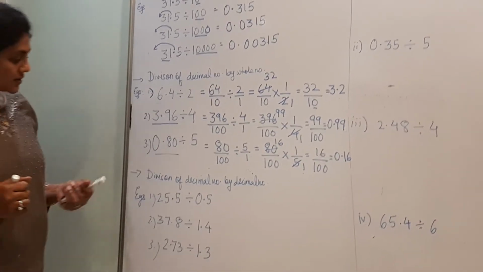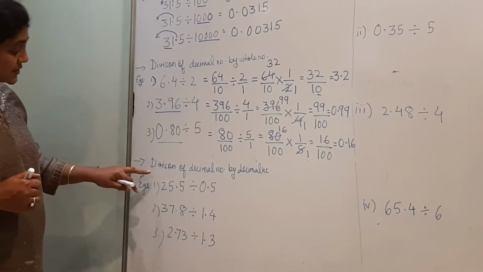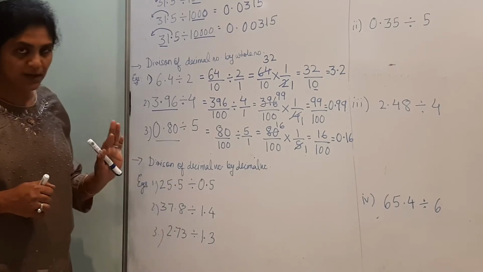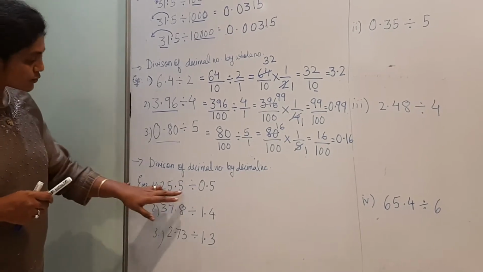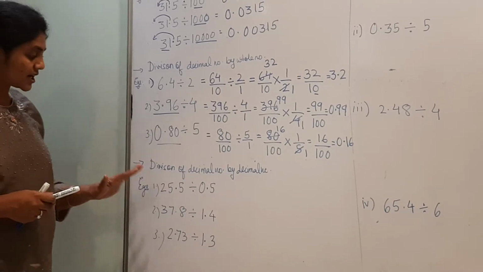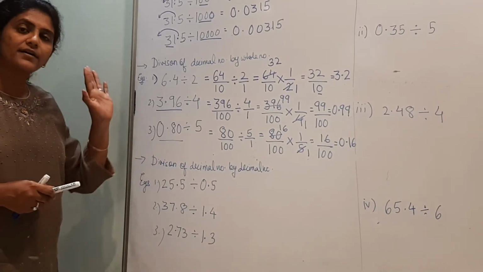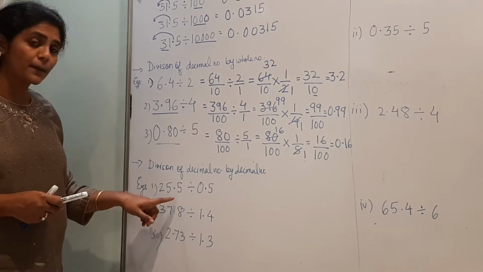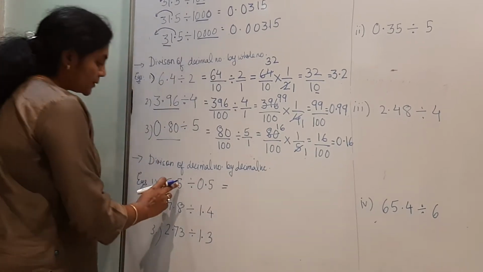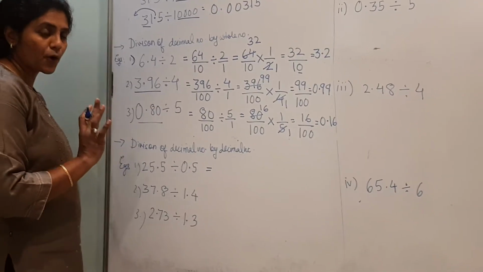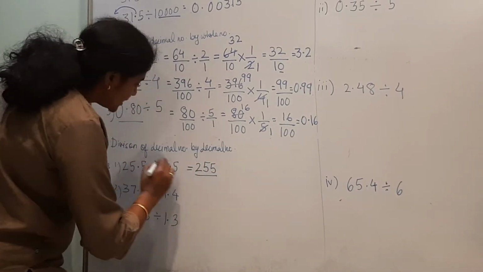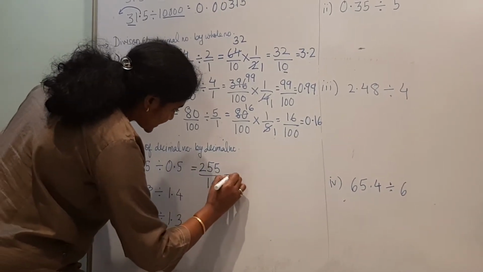Now, third part is division of a decimal number by decimals. These two are decimals, so you have to convert both decimal numbers into fractions, dividing by 10, 100, 1000 depending on the point. How can you write 25.5? Before one digit the point is placed, so to remove that, this will be 255 divided by 10.